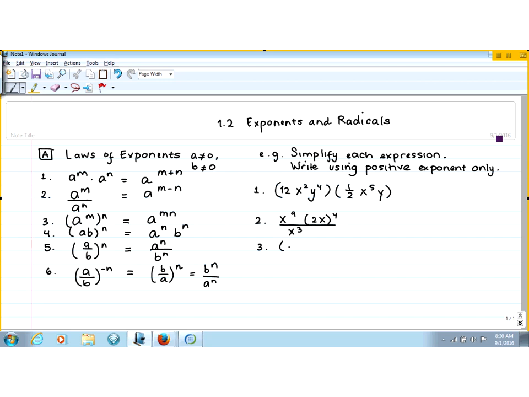Number 3, rs cubed times 2s to the negative 2 times 4r to the 4th. Number 4, x squared y cubed raised to the 4th, xy to the 4th, negative 3, divided by x squared y.